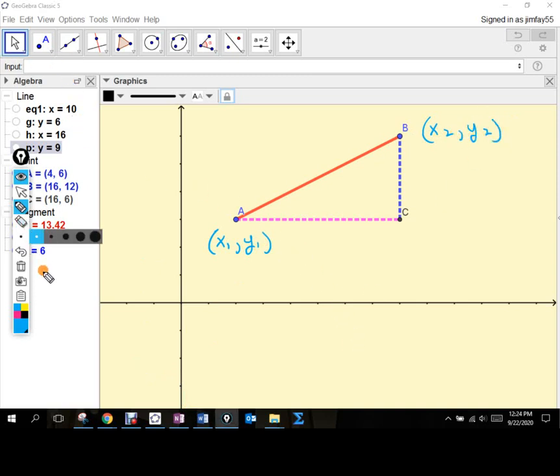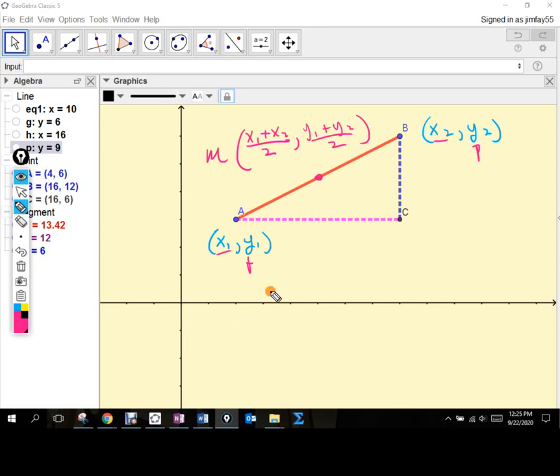Then when I want to find my midpoint down here, like I said, we take the average of our x's. So it's x1 plus x2 over 2, and then it's the average of the y's, so it's y1 plus y2 over 2. And that's our generic setup.